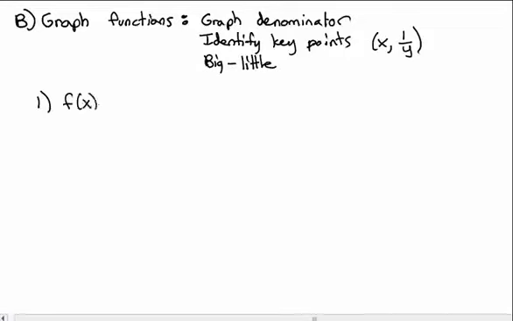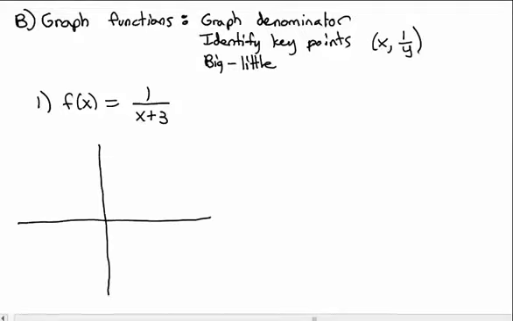So for example, if we wanted to graph f of x equals 1 over x plus 3, we did graph this back in Unit 2 using our translation rules and moving graphs around. But we can also graph it as a reciprocal of simply the x plus 3 function. And it's probably a little quicker.